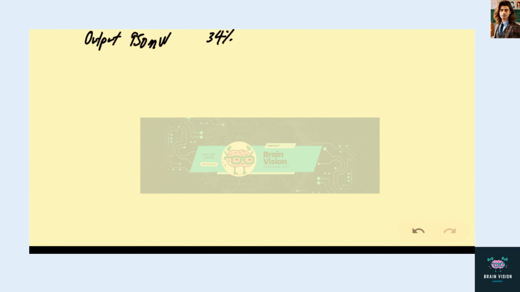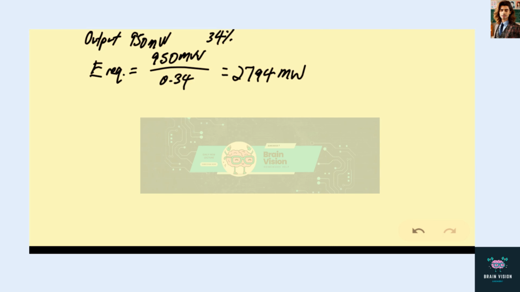So it means that the energy that is actually required to be produced is 950 megawatts divided by 0.34, which is in fact 2,794 megawatts. Right? So this is the actual energy that's required to be produced.